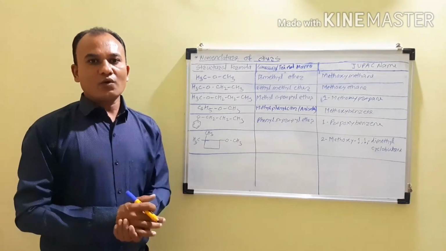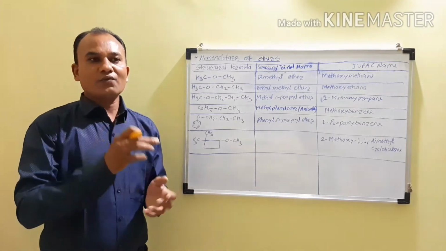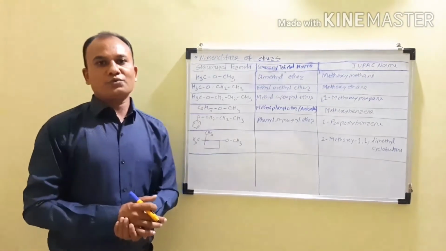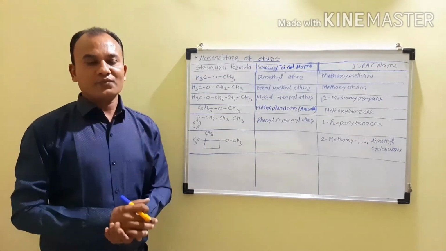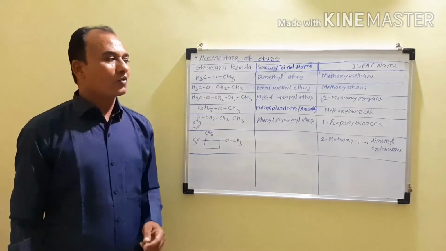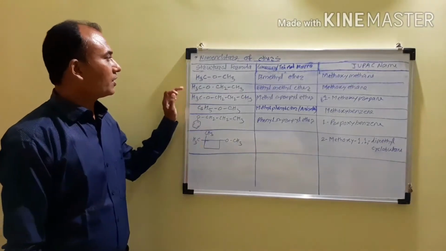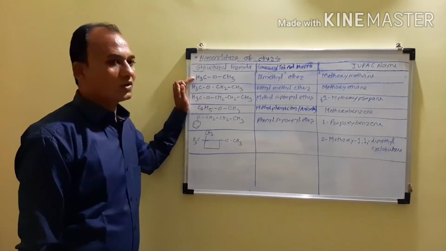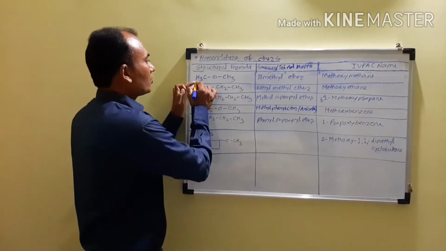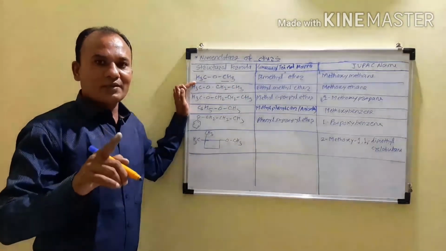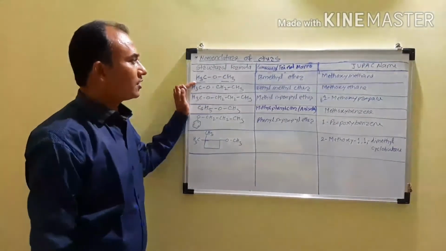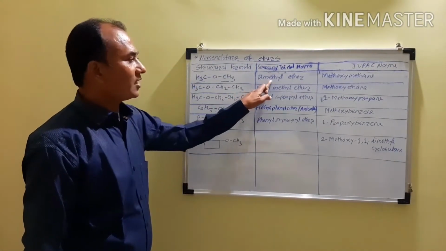In case the same type of alkyl groups are attached to the oxygen, you have to use the prefix di. In this way we can give the common names to the ethers. For example, CH3OCH3. What is the common name? There are two methyl groups attached to the oxygen, and both are the same groups, and therefore we are writing dimethyl ether.